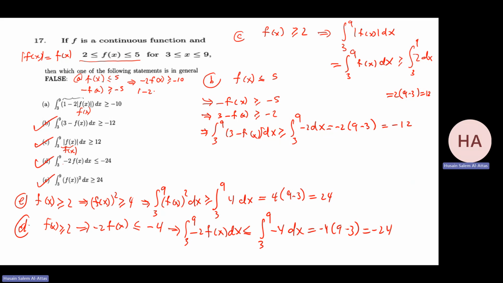So 1 minus 2 f of x will be greater than minus 9, sorry. So the integral from 3 to 9 of 1 minus 2 f of x, with absolute value or without absolute value, it will be the same.